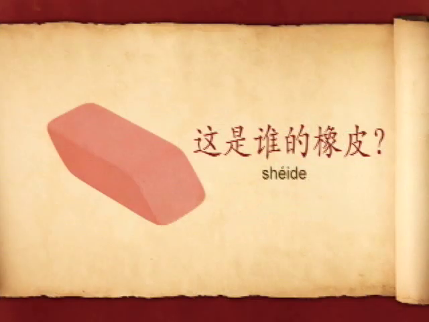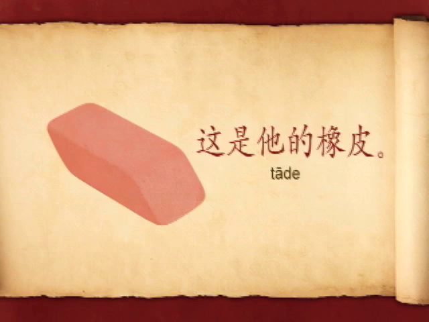Here's my question. 这是谁的橡皮? Did you answer 这是他的橡皮? This is his or her eraser. Good job. If you said your neighbor's name and made it possessive, then great job.